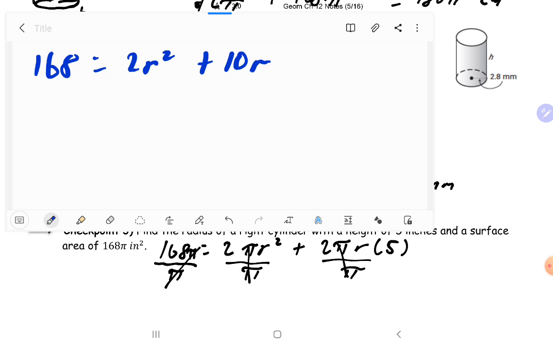Okay, I'm going to go ahead and divide everything by 2, because everything has a factor of 2. So I'm going to get 84 equals r squared plus 5r.